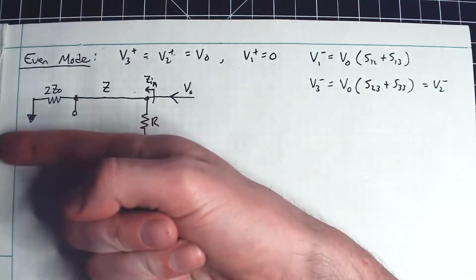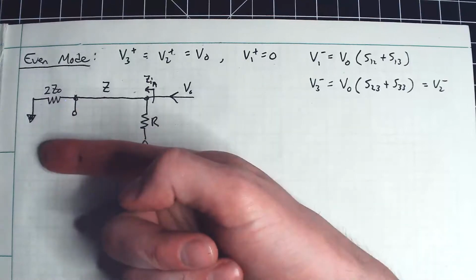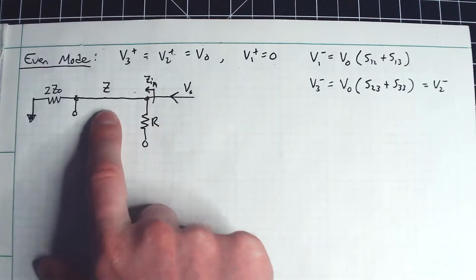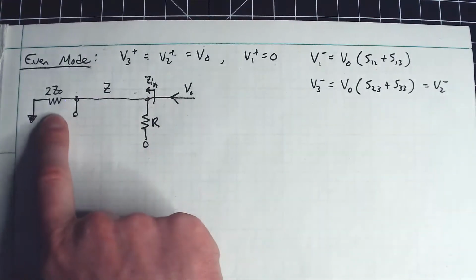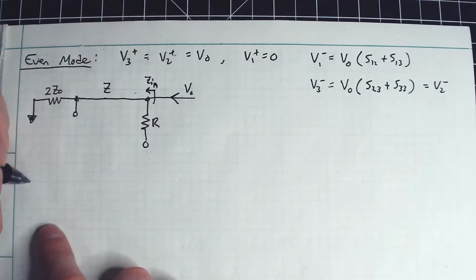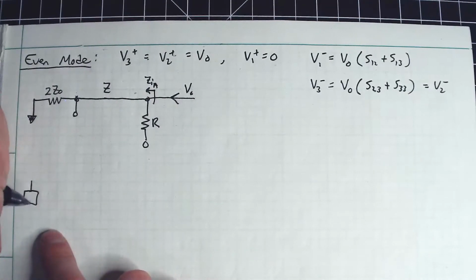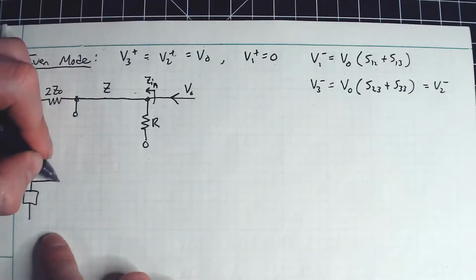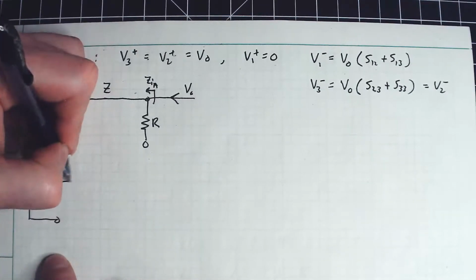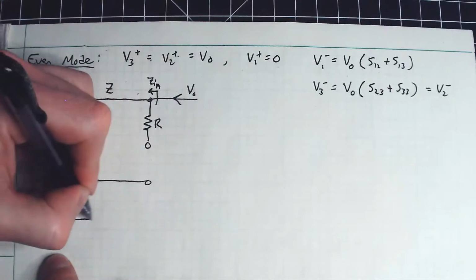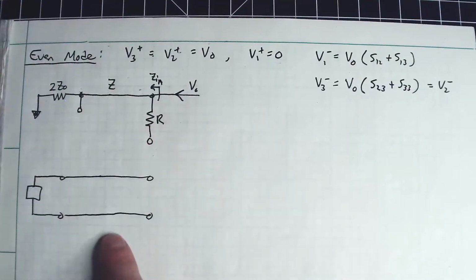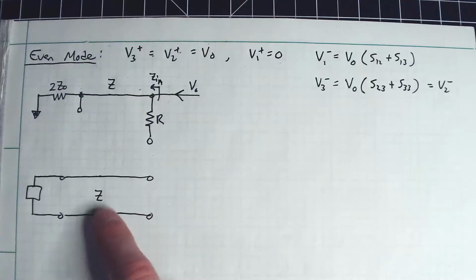So all I am seeing is this equivalent impedance looking down here, which is a length of transmission line with some load. Okay, so I'm just going to redraw the equivalent situation here, like this. Okay, so we look down here. So there's some equivalent characteristic impedance here, which I'm just calling Z. The book just calls it Z.